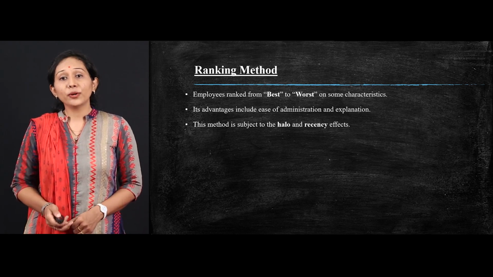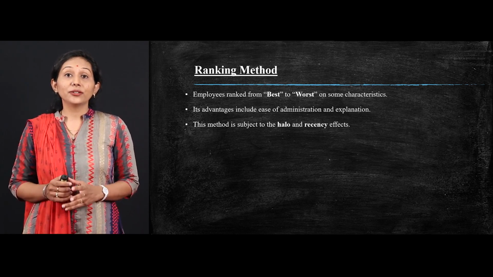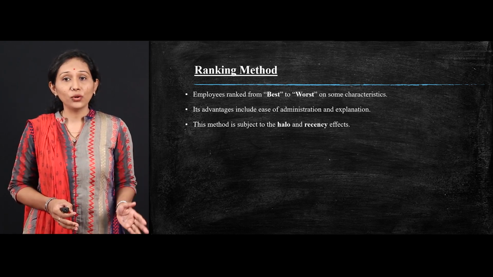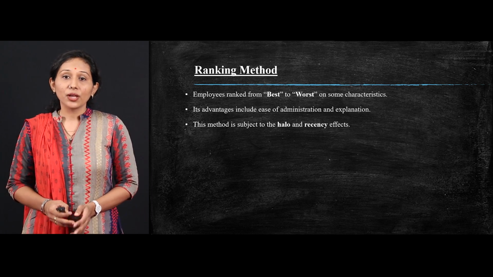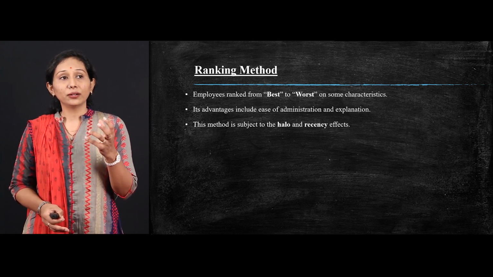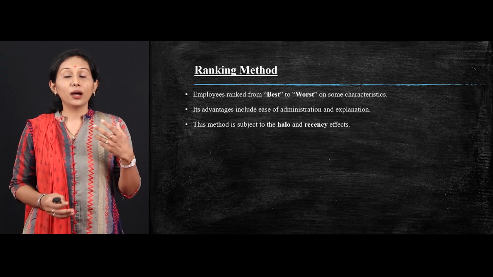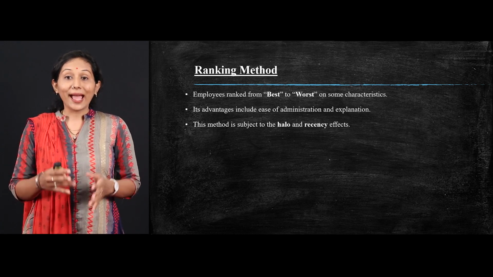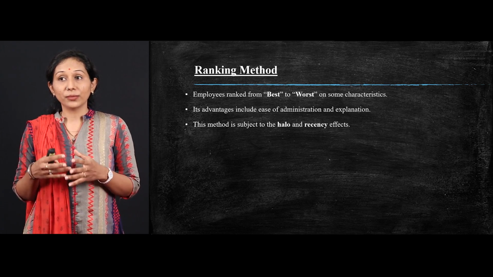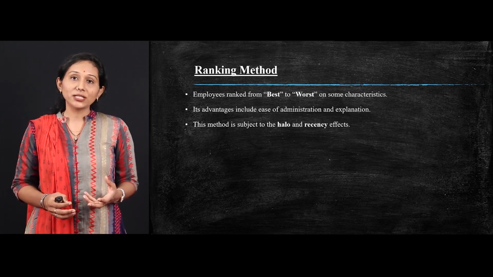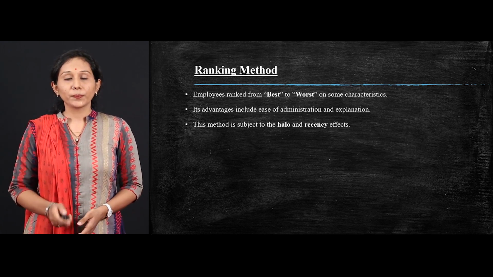But the biggest problem of this method is the rater's judgment error, that is rater's error of halo and recency errors, wherein the rater can rank any of the employees based on the recent good or bad experience, or the rater can rank the employee based on any one particular good quality of an employee.